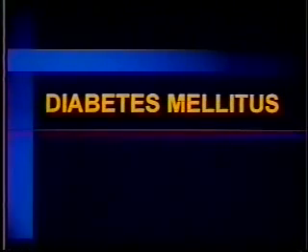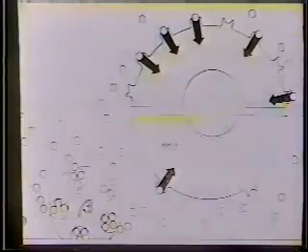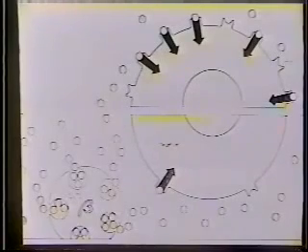Okay, we're going to start off with diabetes mellitus. And as shown on this illustration, the body will produce insulin from the beta cells in the islets of Langerhans, which is shown at the lower left corner.